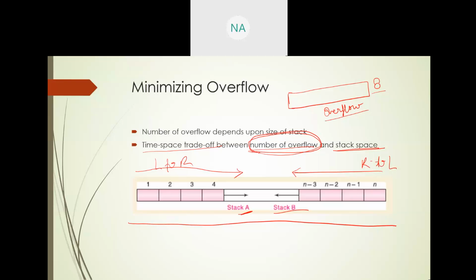If either stack A or B is small, then probably you will not get any overflow condition. So this method manages the stack space and the overflow condition in a better way.